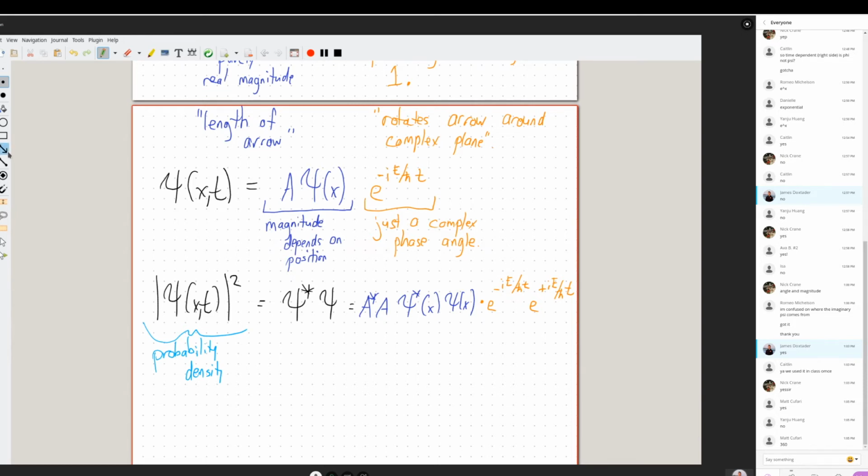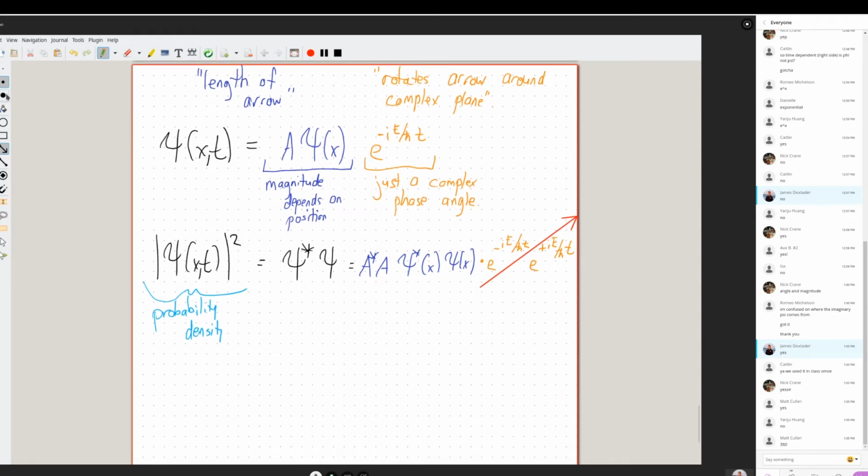And these pieces cancel. That's what we expect, right? We expect that something that is just a phase, e to the i something, doesn't affect the amplitude. So again, mathematical wisdom in physics is that anytime you see e to the i something, that doesn't change the amplitude, the magnitude of the complex number.